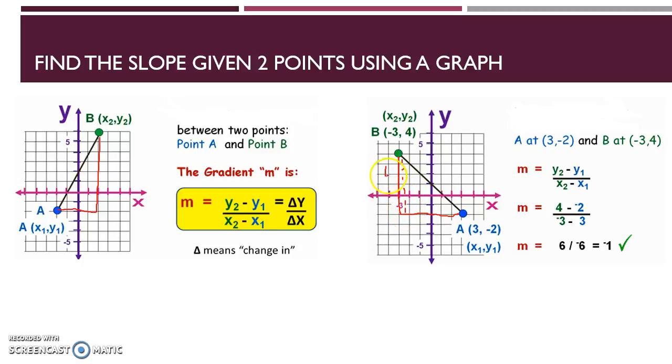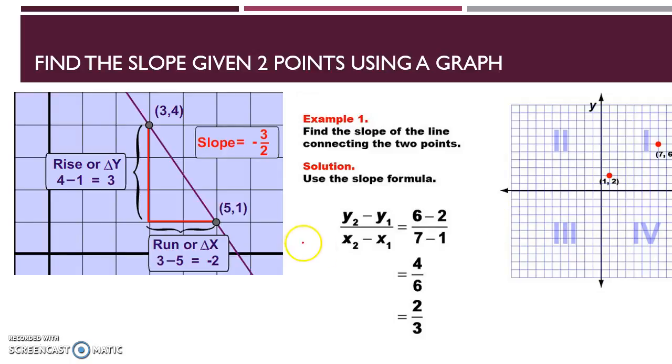So we have a change of 6 vertically down, so -6. And then 1, 2, 3, 4, 5, 6. A change of 6 in the positive x direction. So again, our y goes on top. It's -6 over 6, which is simply -1.